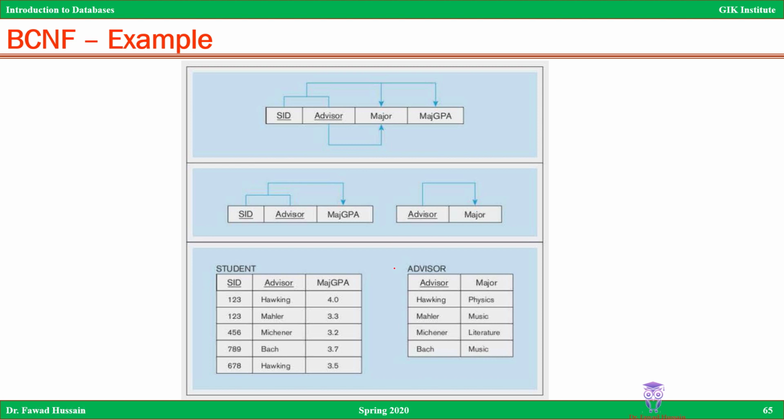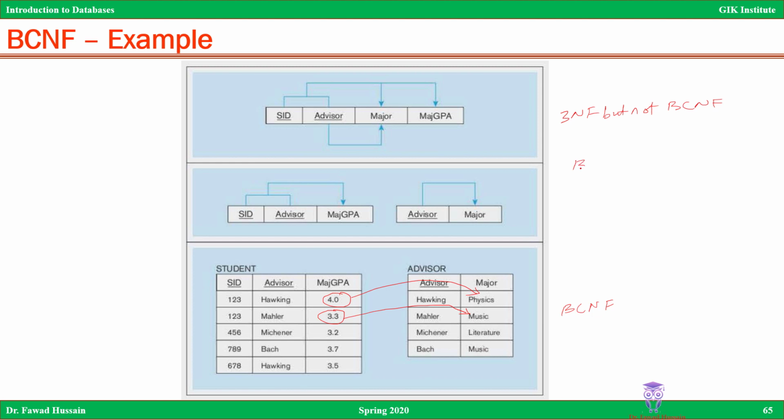Therefore this GPA over here I can map to the music department, and this GPA over here I can map to the physics department. So the original table has now been divided into two tables, and now this is in the Boyce-Codd normal form. The original was in 3NF, but not Boyce-Codd normal form.